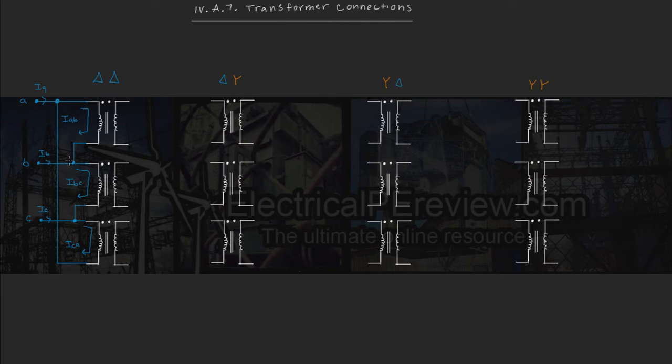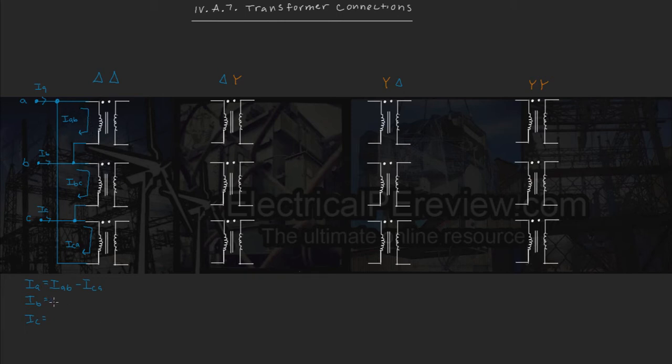Using Kirchhoff's current loops, we can solve for our line currents. Following the path up top, we've got IA is going to equal IAB minus ICA coming up top here. So we've got IA equals IAB minus ICA. Next for IB, we've got IB is going to equal phase current IBC minus IAB coming in on top.